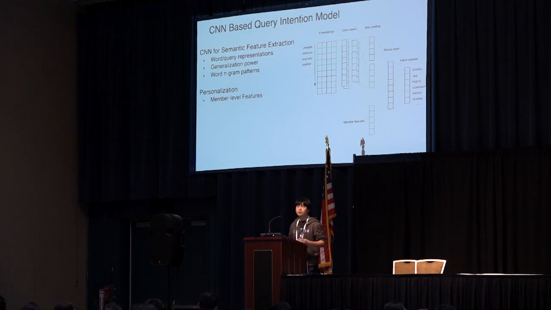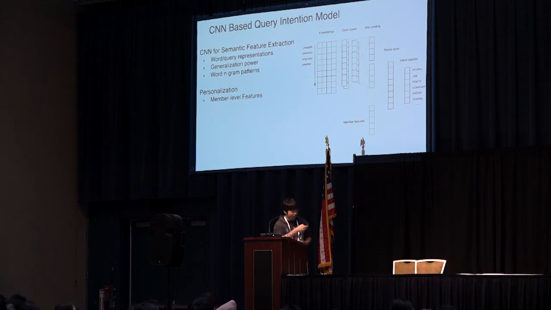But why do we choose CNN? It is because CNN can capture n-gram features, and in queries we do not have much long text. It's very short text, so n-gram is enough. Also, CNN is more efficient and has generalization power, so we can easily incorporate other features, like member features for personalization.